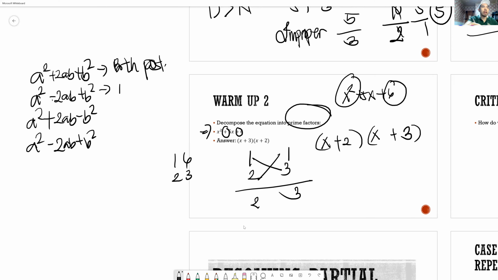For the second, both are negative. And for the others, it depends on the sign convention: 1 plus and 1 minus. Those are just some of the things that we need to understand.